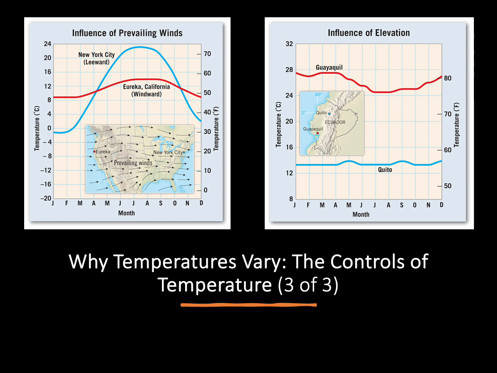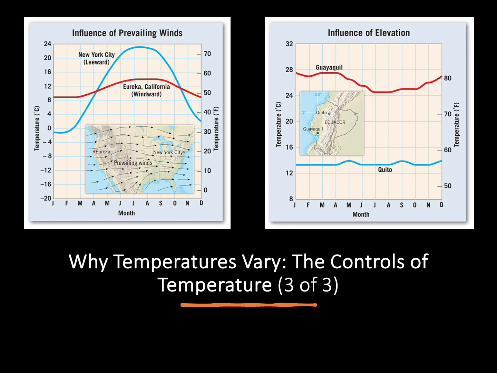These two images just build on our last slide. When we're talking about winds, we can look at New York City and Eureka, California. Because Eureka is right along the coast where there's water to help stabilize the temperature, as the winds blow through, they help control the temperature in Eureka, California.